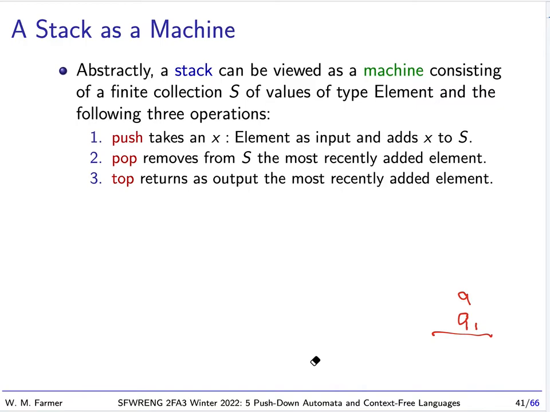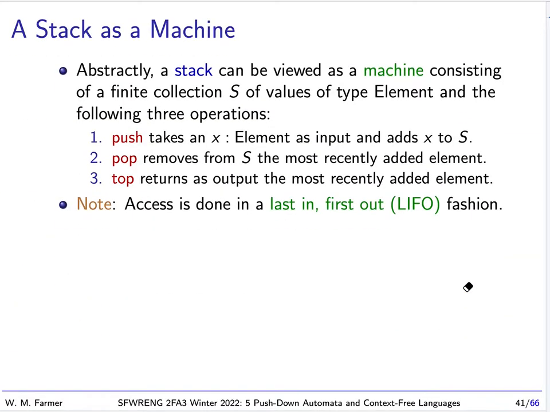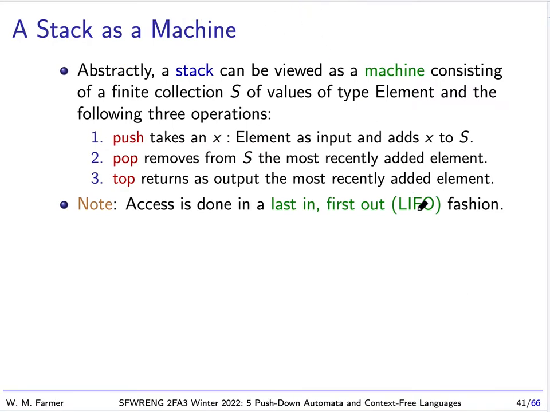With a machine, we have a machine that has a state, and we can modify that state using these three operations. Again, with a stack as a machine, access is done in a last in, first out fashion, which is sometimes called LIFO.